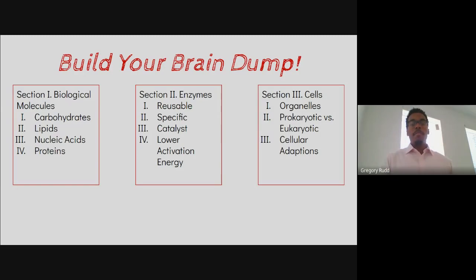Typically that looks like us giving them just a few minutes with some basic topics on the board and reminding them to make sure that they have notes on those topics. And so this could be an example. You have 3 sections on a single piece of paper that allow you to write down specific notes. So one section might be about biological molecules.